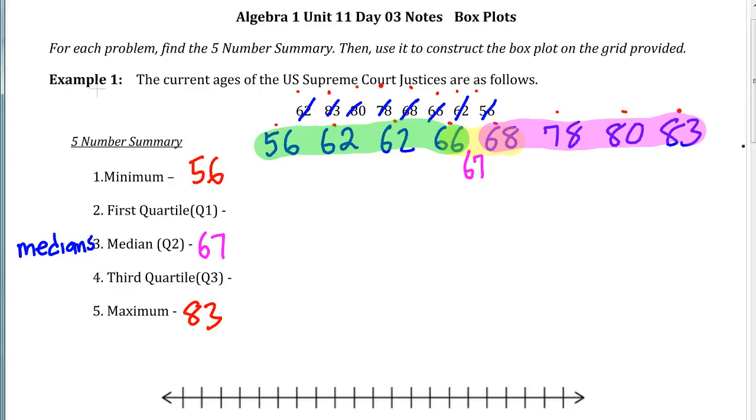We'll look at that in a second. So the median of the first half would just be 62 since they're both 62. For the Q3, what's the middle of 78 and 80? 79. Okay.